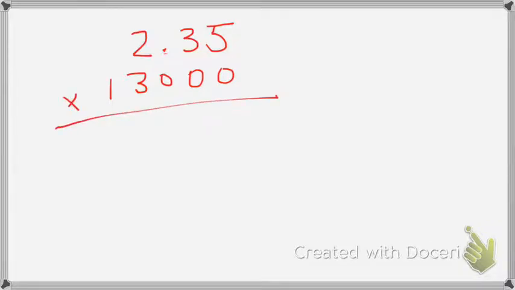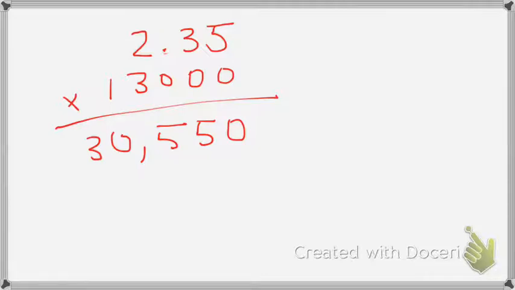Okay, 2.35 times 13,000 equals 30,550. Now we've got to put our answer in the correct number of significant figures.